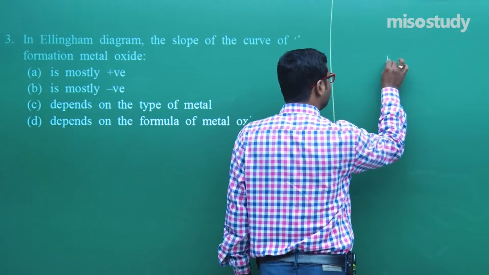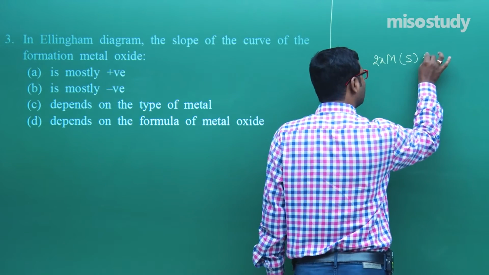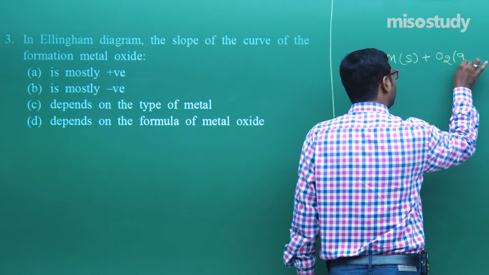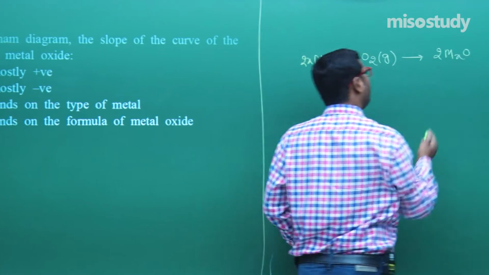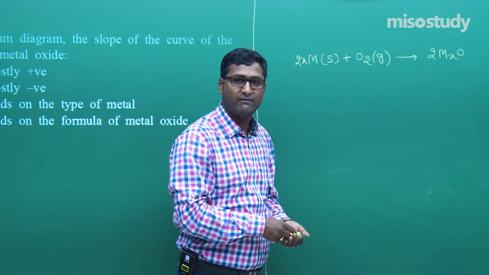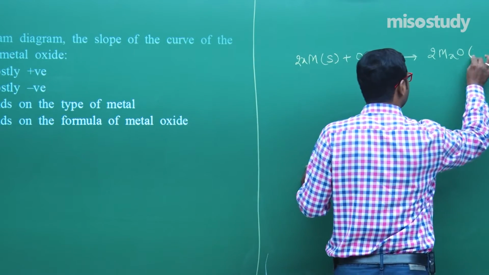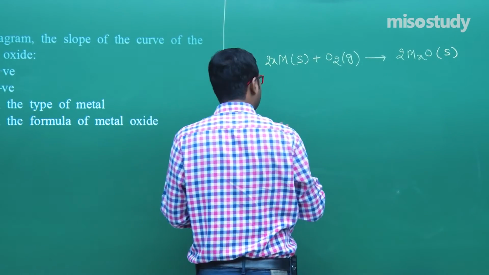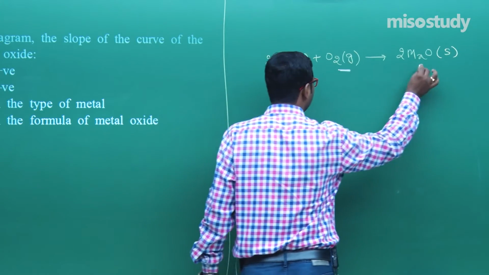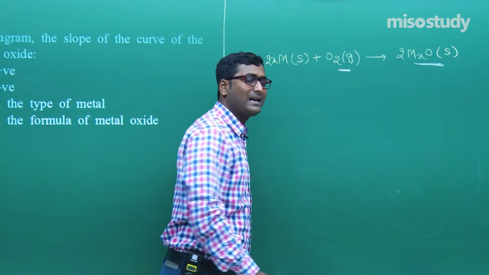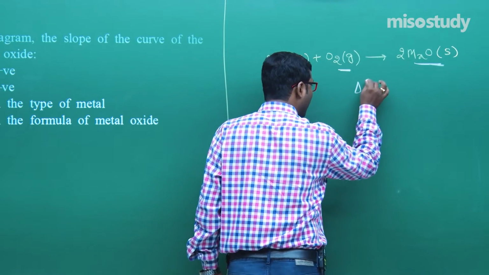As we know, this one is metal, like this: 2xM plus O2 gives you 2MxO. The metals may be Zn, Fe, Mg, Al, maybe. This is the metal oxide. This is in a solid state. Now, listen carefully. Gas converts to solid, that is, the randomness decreases. If randomness decreases, then what will happen?